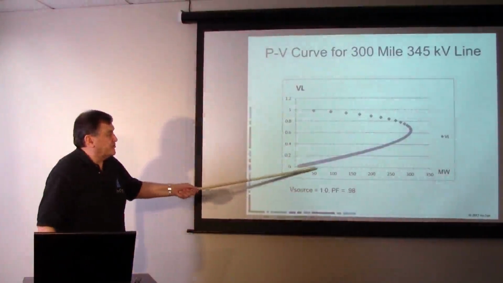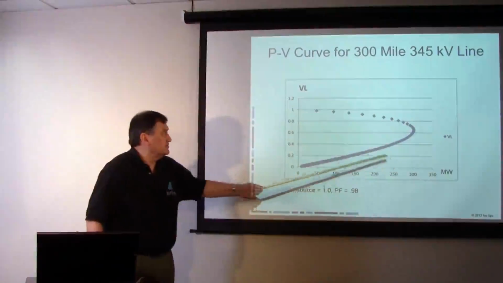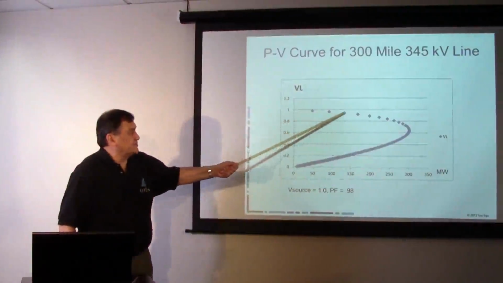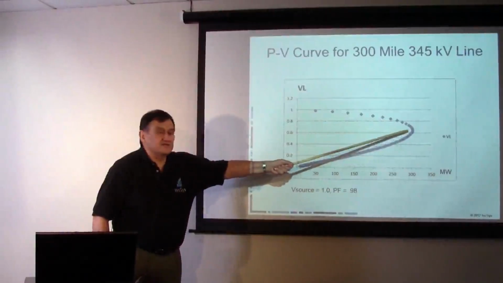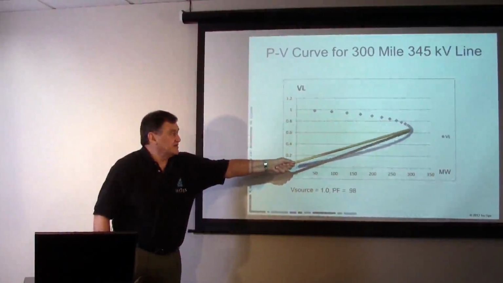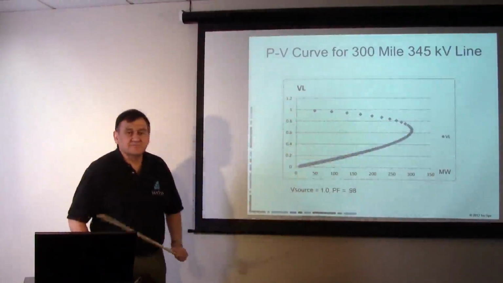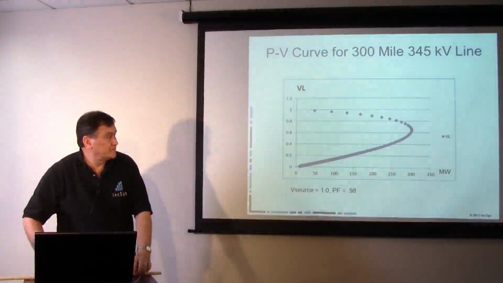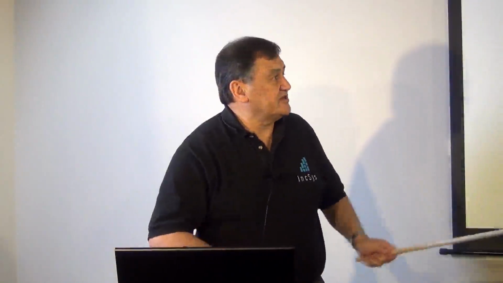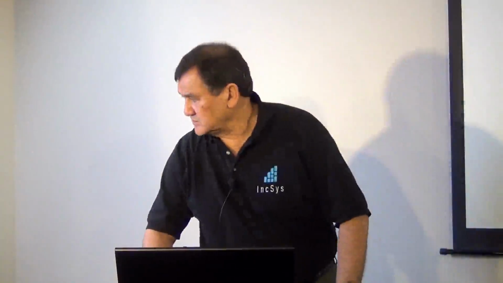As we push more and more megawatts across that line, our voltage is dropping until it gets to the knee of the curve. And at this point, voltage collapse occurs. Basically, that's a fundamental characteristic of a radial transmission line. We don't have voltage support at this end.